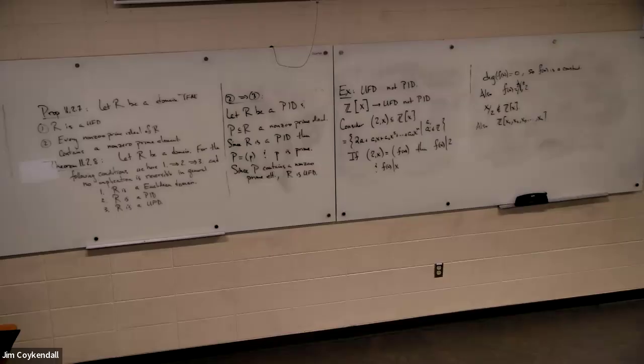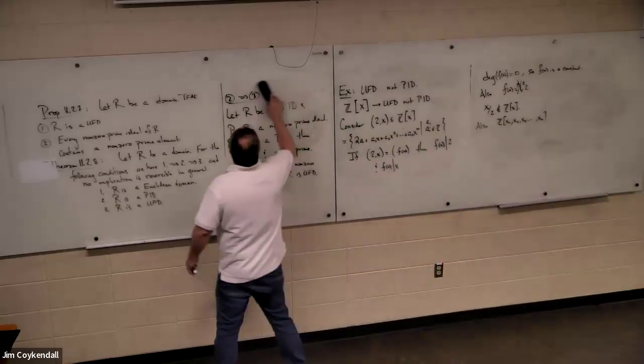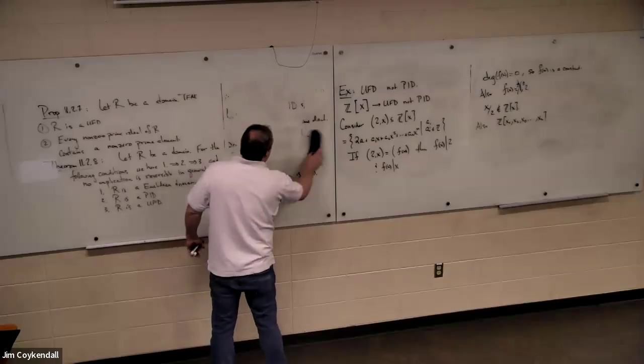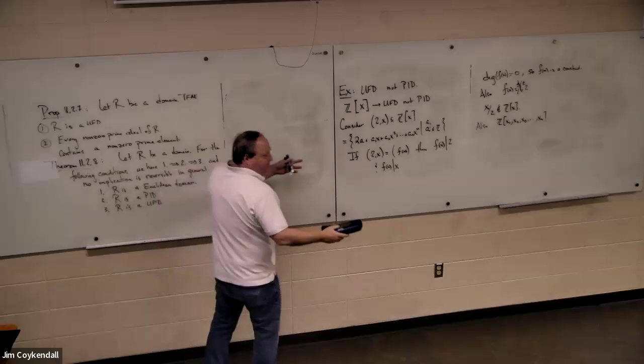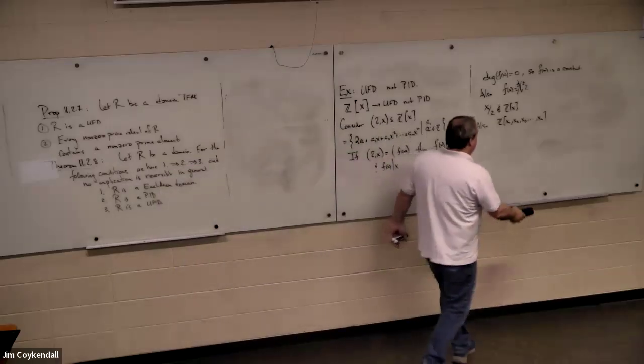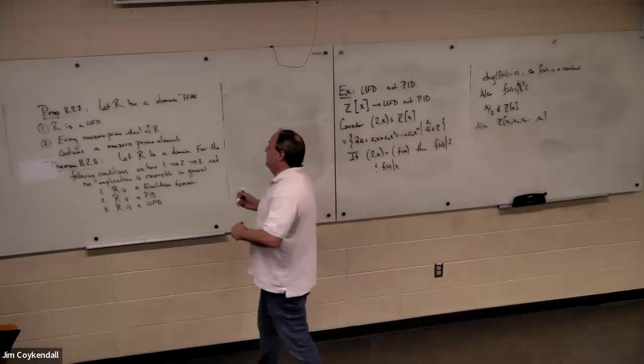I don't have to stop at one variable; I can make a polynomial ring in infinitely many variables, and it's still a UFD. Any questions on it? And there are many other examples. PID is pretty restricted. Euclidean is even more so.